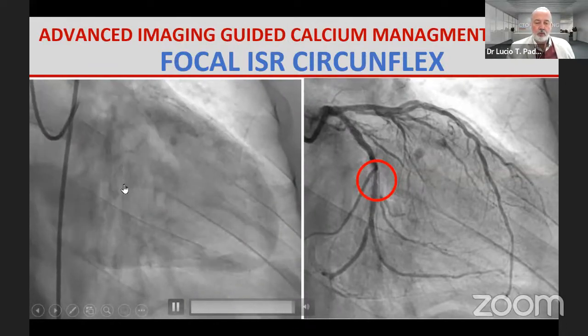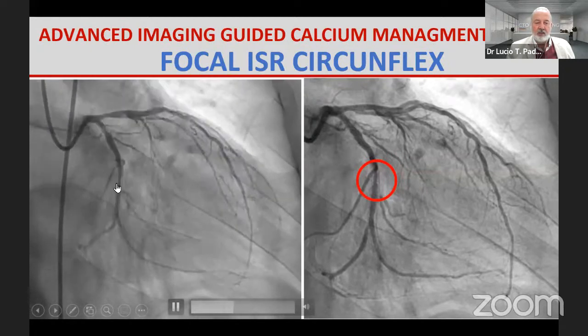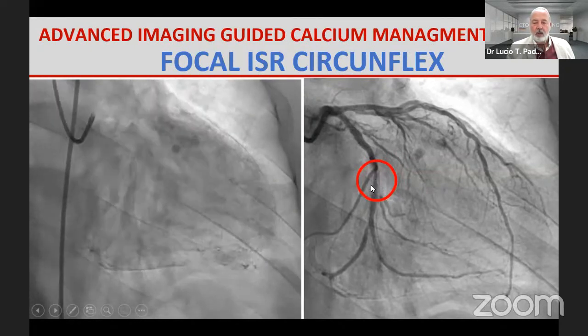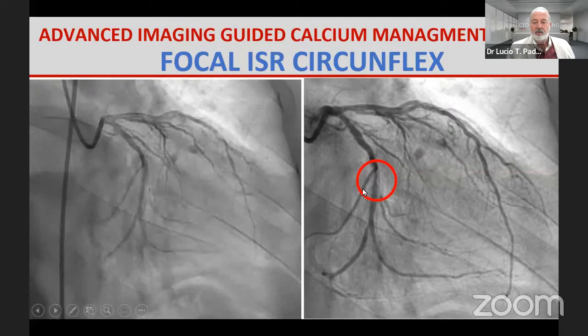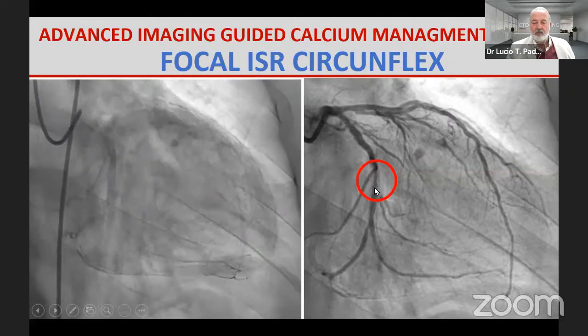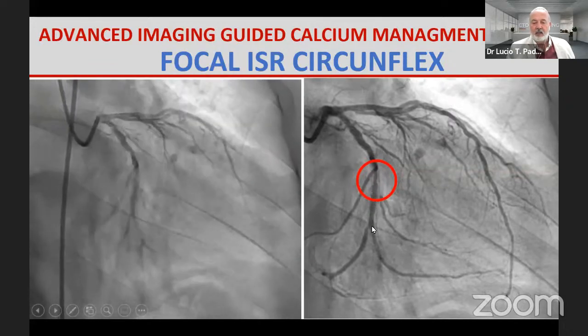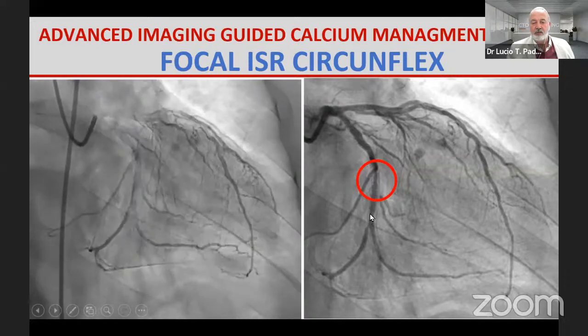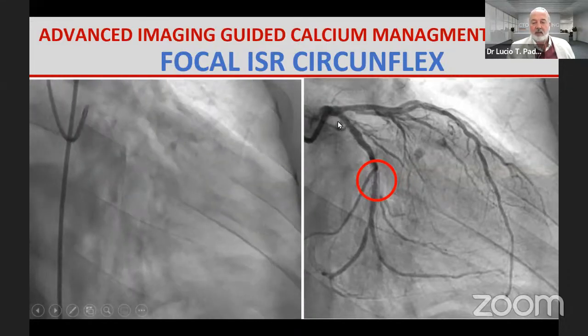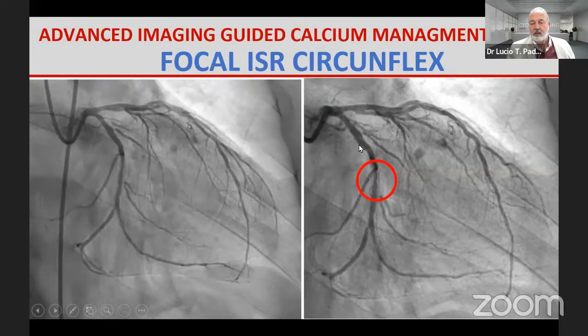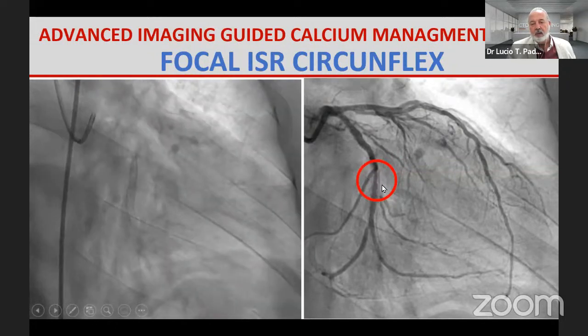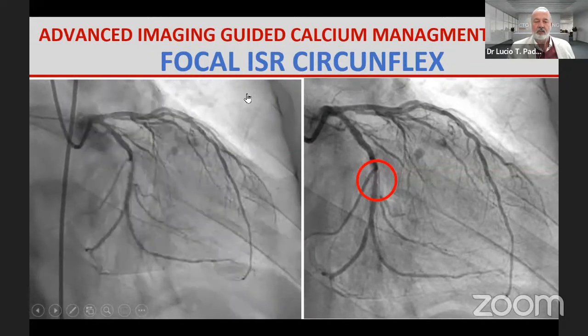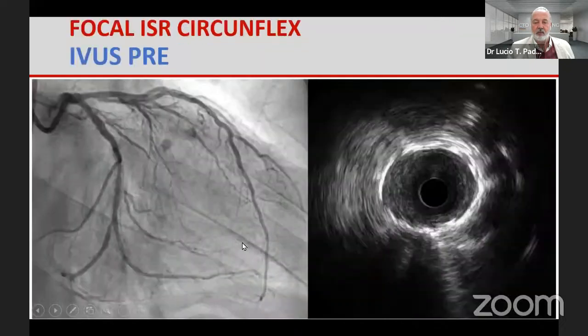Here, we have two stents, and we have another restenosis. As you see here in the circle, we have two layers of stent and diffuse restenosis here, and something in the ostial and something here, but this is the point of this focal stent circumflex restenosis.